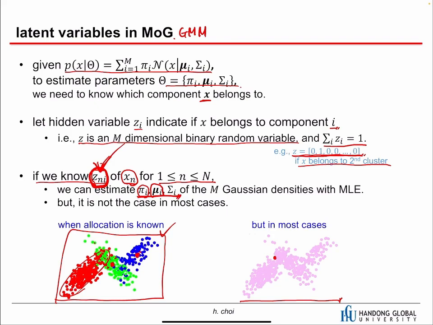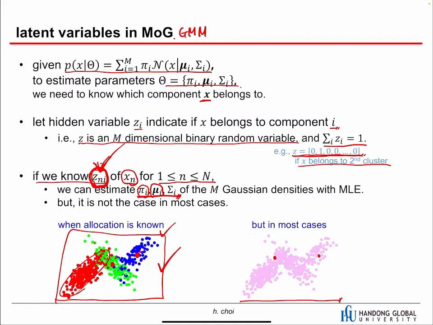Even this one, is it in the third cluster? It looks like it belongs to the third cluster to us, but when we actually calculate that, we have no idea. So the problem is quite complicated.